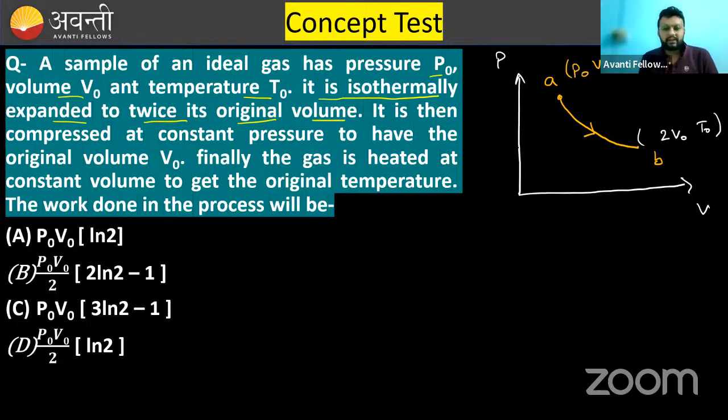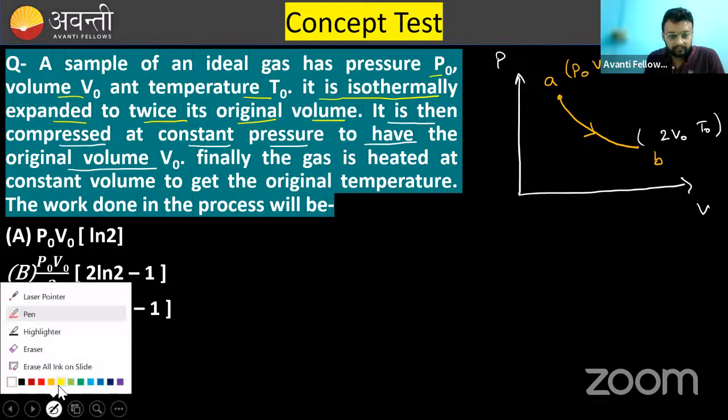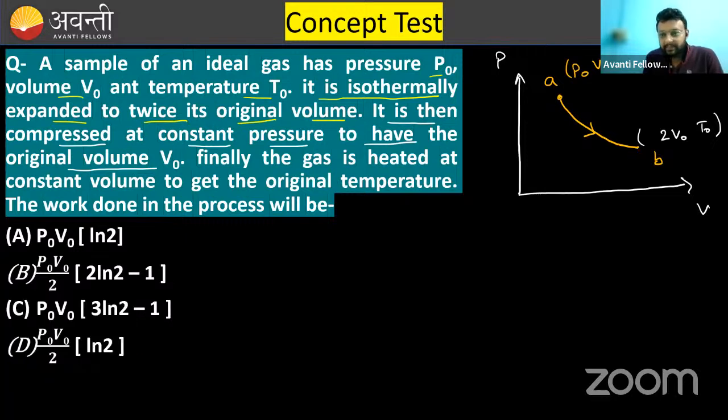Clear. After that, it is then compressed at constant pressure to have the original volume V naught. Constant pressure compression will look like that.